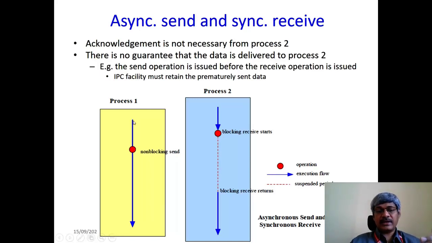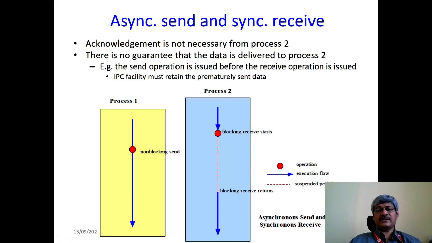Then it's a problem. The non-blocking send is sent, and the data is sent, but there is no process waiting for it to be received, and then the data is lost.